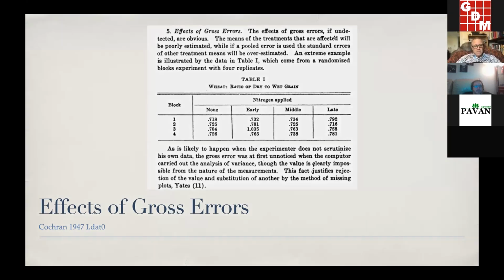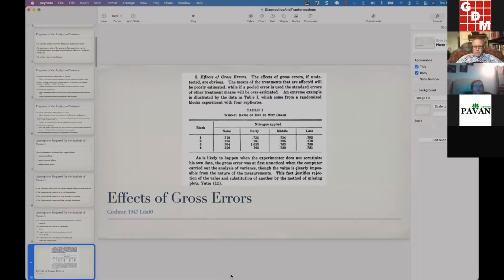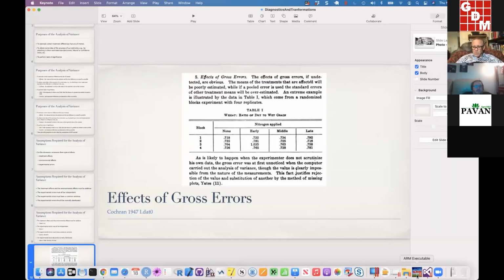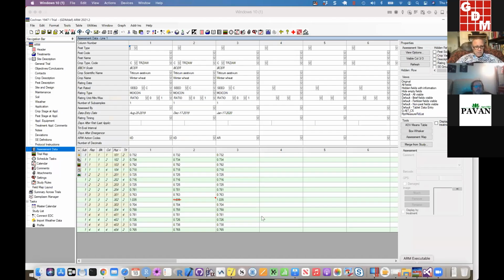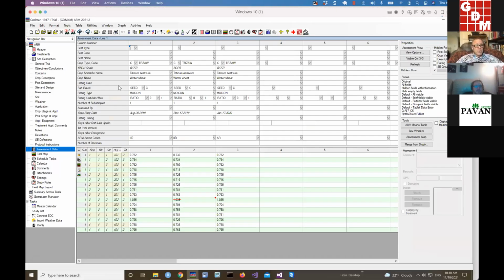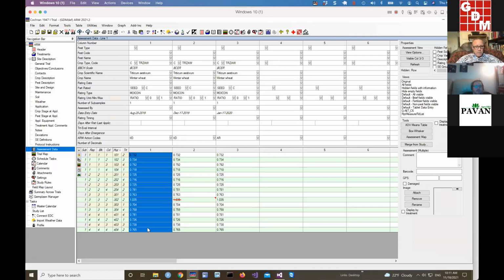So I think I need to escape out of my presentation and we'll go over to my ARM trials. And here I have an example from the Cochran 1947-1 trial. If you got the email that we sent out, you'll see the original data that Cochran presented.